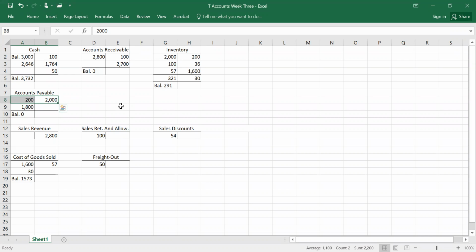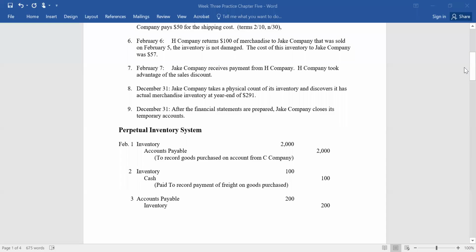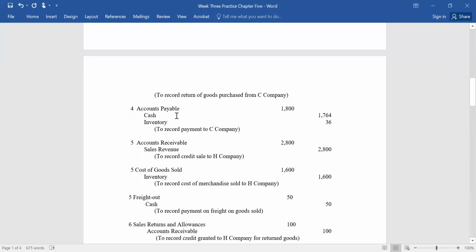So at this point, we owe $1,800. We need to get rid of this accounts payable. We no longer owe it. So we're going to debit accounts payable for that $1,800, and our balance is now 0. So let me go back.